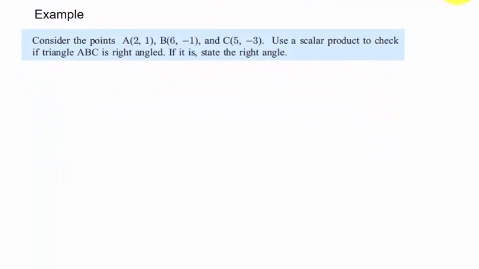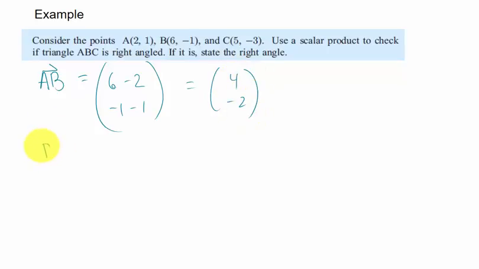So this question is asking us to consider a right angle triangle, or it wants us to check and see if there is a right angle triangle. So we're given 3 different coordinates, but we first need to find the vectors that they create. So AB would be 6 minus 2 and -1 minus 1, which is 4 and -2.